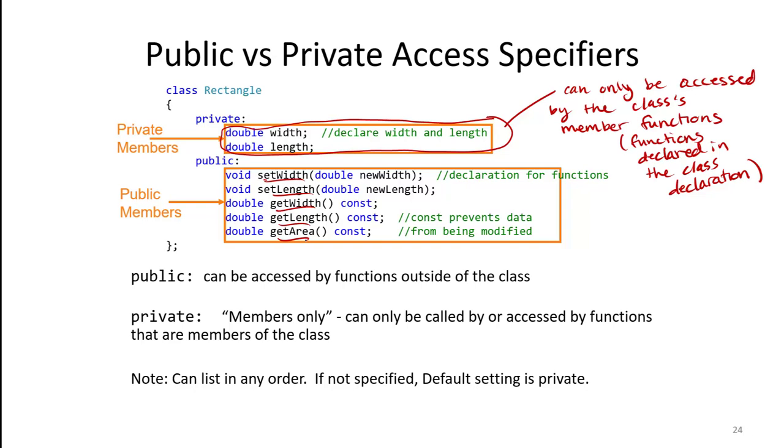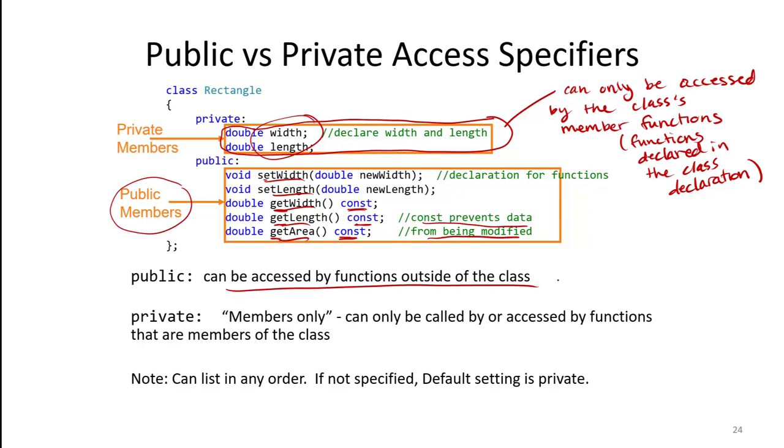And notice that the const modifier here is used next to getWidth, getLength, and getArea, and that provides additional protection because const will not allow any data to be modified by those functions. All these functions can do is return whatever width, length, or area is calculated with those variables. But notice that anything listed in the public part of the class can be accessed by everything outside the class.